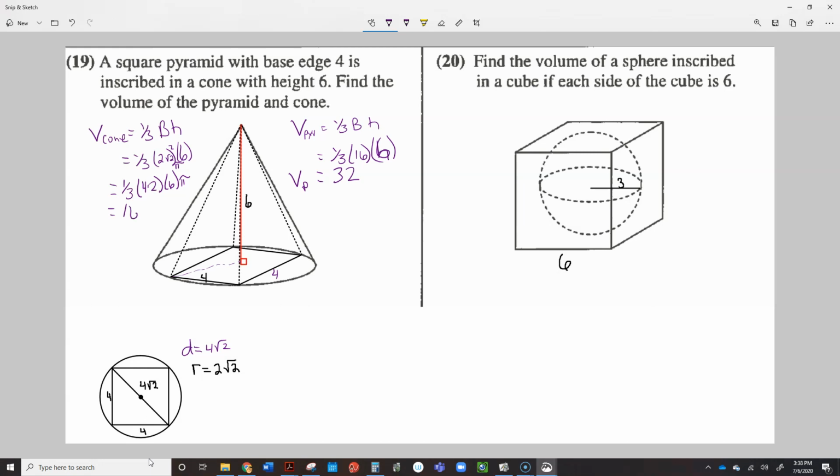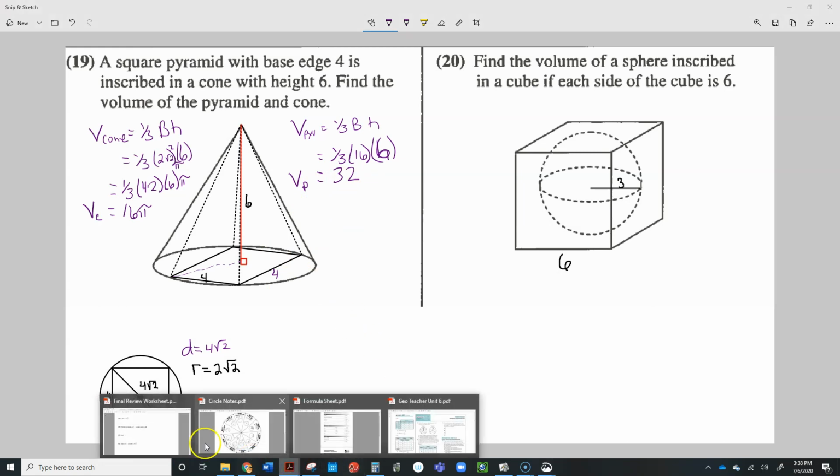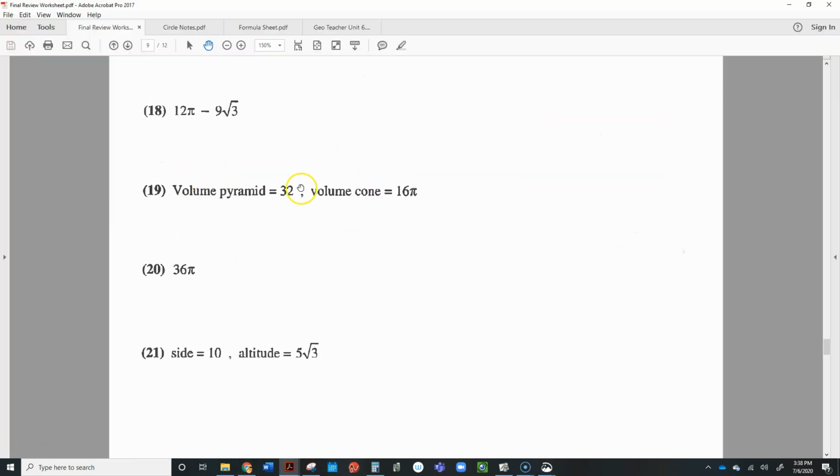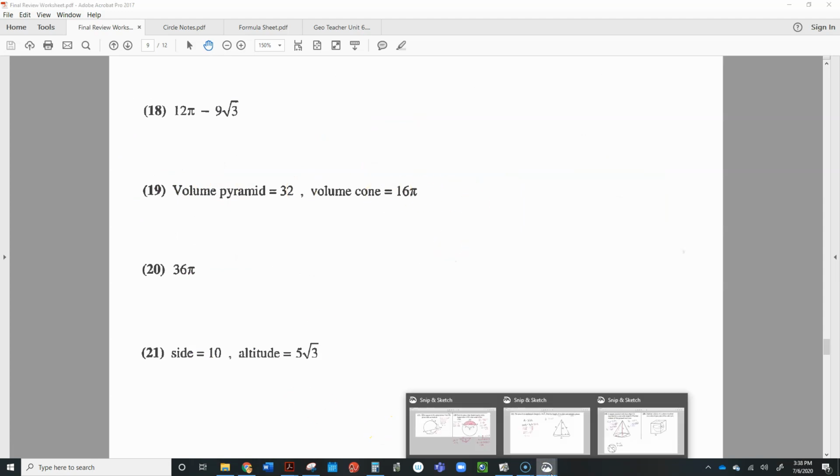I think that's going to be 16 pi. I did that mental math, so it's the volume of the cone. The volume of the cone is 16 pi. The volume of the pyramid is 32. That was number 19. 32, 16 pi. So I did that one right.